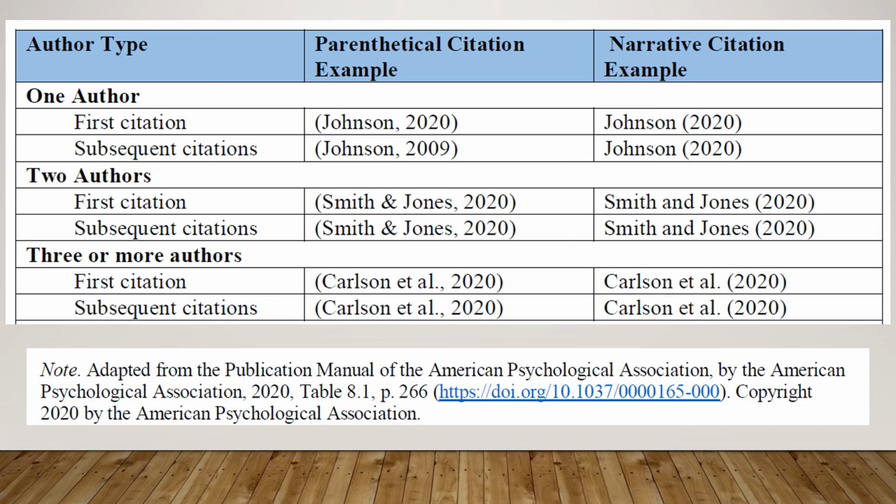So if there's one author, it's just the name, comma, and the year. And I don't know, this is a typo. This should say 2020, not 2009 for the subsequent citations. I don't know why it does that. Looks like they put a mistake on there because I just did the snipping tool, and this is what I got. For three or more authors, it's the et al. Okay.